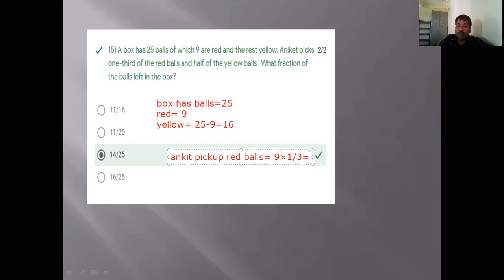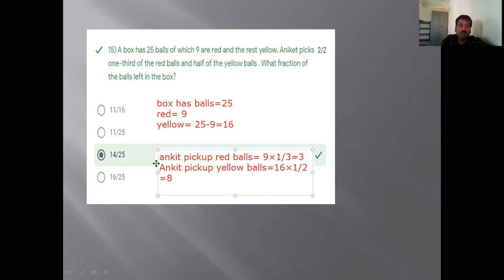We get 3 balls. And now Ankit picks up yellow balls equal to half of the yellow balls: 16 multiplied by 1 by 2. We get 8 balls.